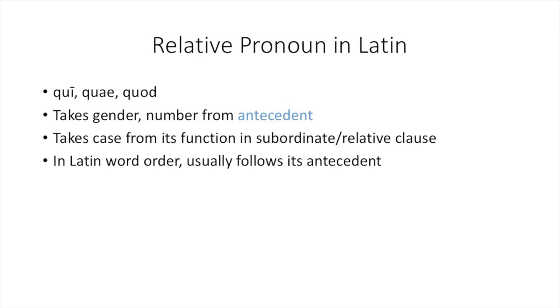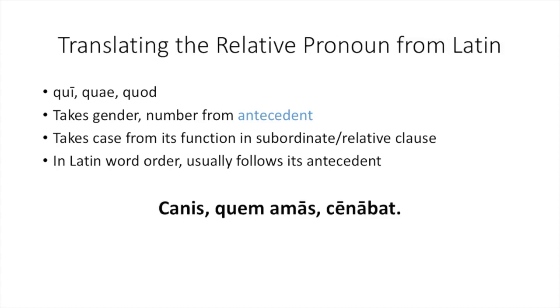To show you what all of these are, let's look at the example canis, quem amas, canebat. This will help us also learn how to translate the relative pronoun. So you remember from our forms that quem is our form of quae, quod. In fact, it is the masculine accusative singular form.